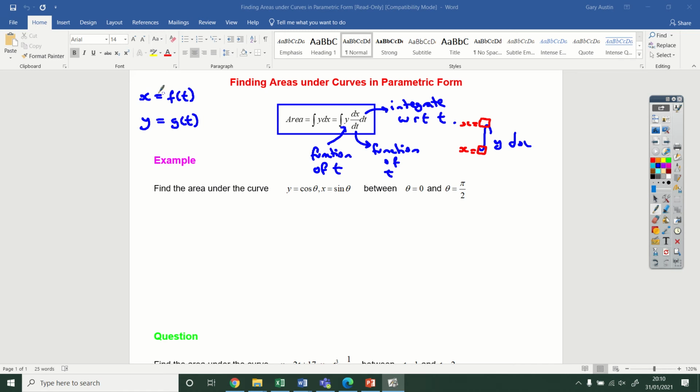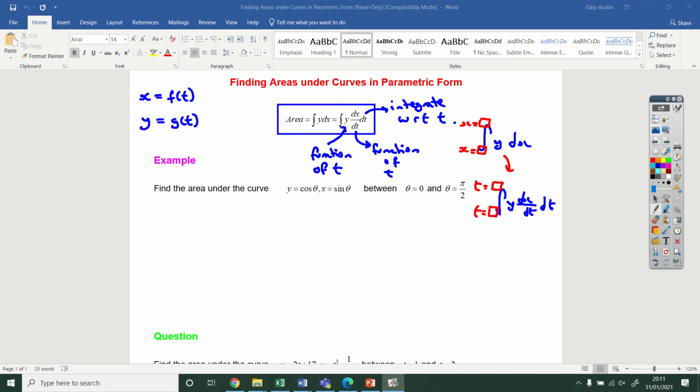And normally this is quite simple and easy to rearrange. So this integral is meant to be turned into the integral from t equals some corresponding value here, to t equals some corresponding value there, of y dx by dt, dt, as before. So that's another thing to perhaps write down and remember.